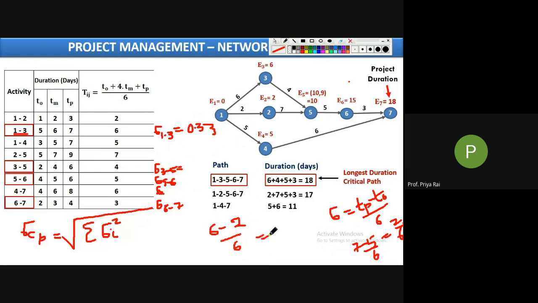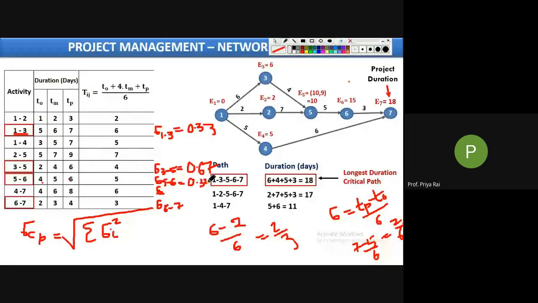Whereas for 5 to 6, 6 minus 4 is 2, 2 by 6 is again 1 by 3, which is 0.33. And for the last activity, 6 to 7, 4 minus 2 is 2, divided by 6, we get again 1 by 3, which is 0.33.